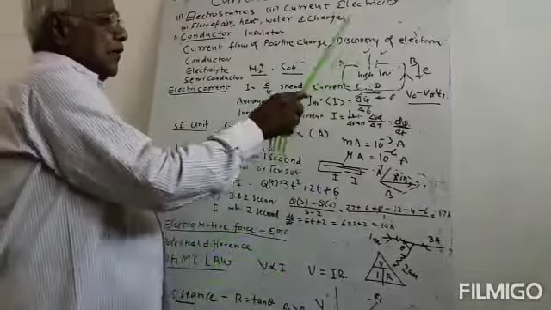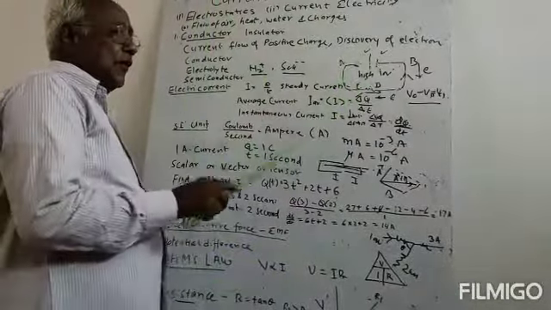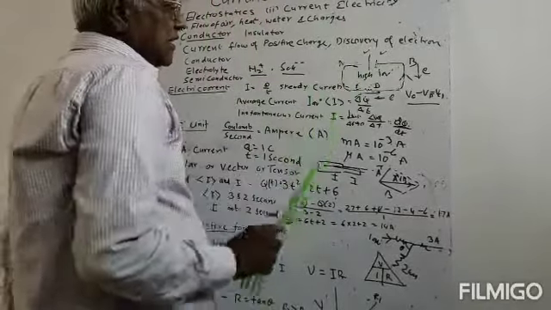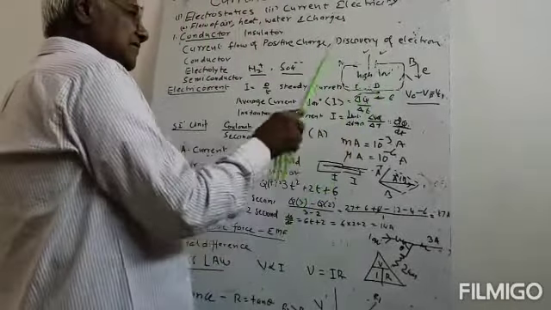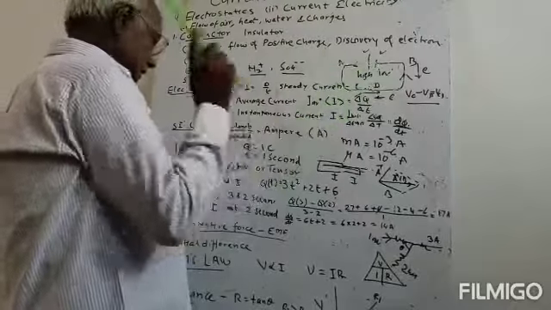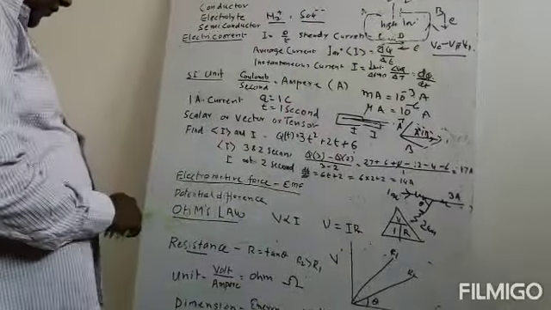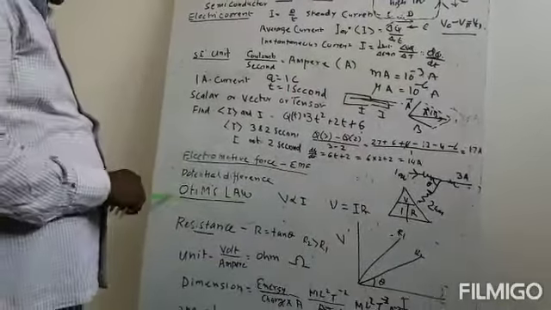So a battery or cell is necessary for a steady current through any circuit. Now what is Ohm's law?